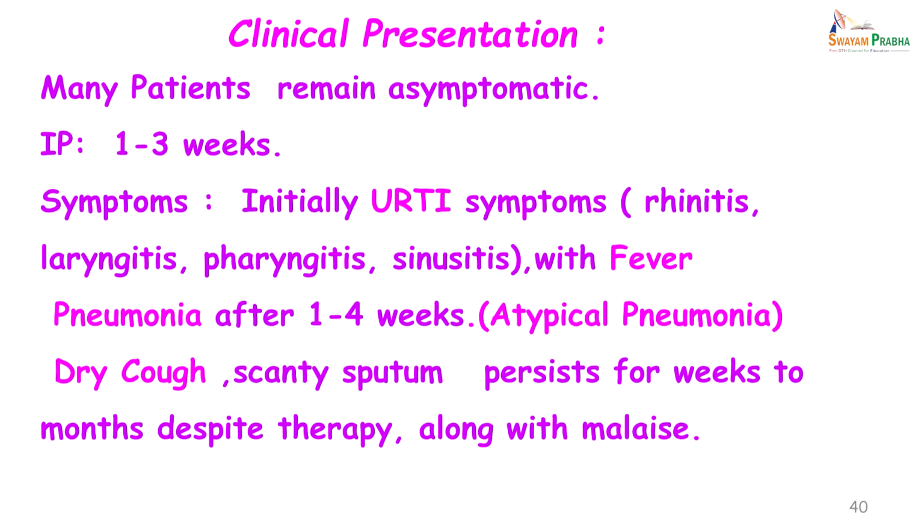Pneumonia usually occurs after 1 to 4 weeks of these initial symptoms. The patient will have a dry cough, scanty sputum, and the cough will persist for weeks to months despite therapy. Along with this, a feeling of malaise also persists for a long period of time.